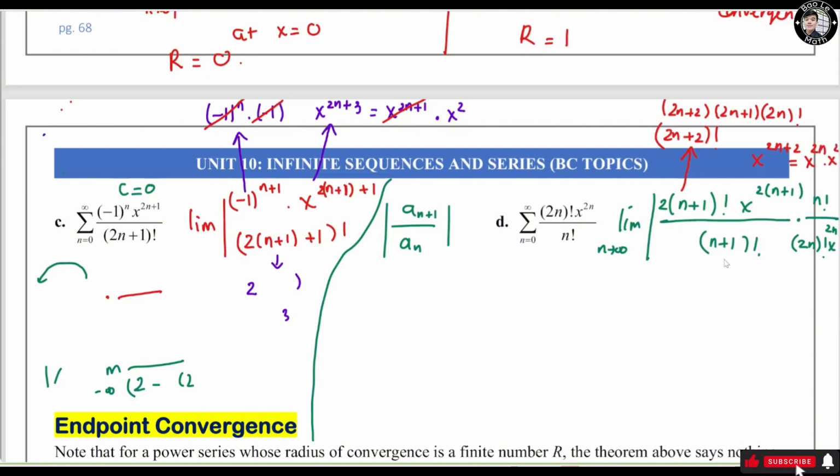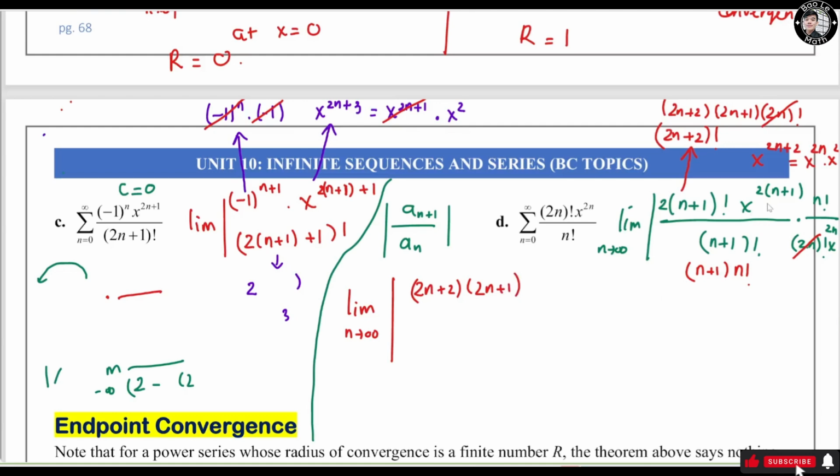Now this one can be written as n plus 1 times n factorial. Now you have 2n factorial and 2n factorial cancel out. So we have the limit when n approaches infinity, absolute value of, you have 2n plus 2 times 2n plus 1 left on the top.